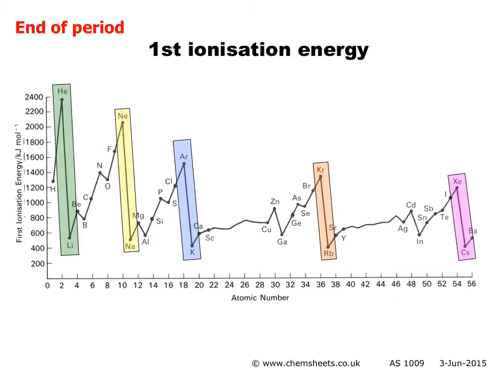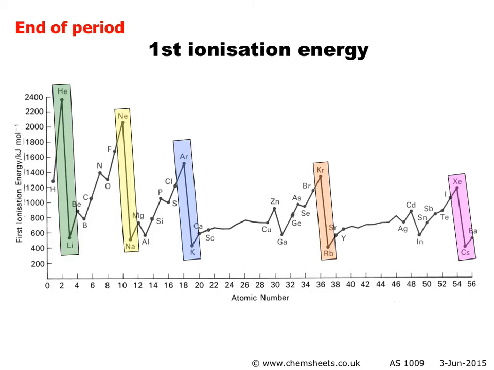So let's think about our factors. Clearly, if we go from helium to lithium, or neon to sodium, or argon to potassium, we are increasing our nuclear charge because we're adding one more proton in each instance. So that clearly isn't winning the battle, so to speak. What we do have is another energy level or another shell. So we are getting an increase in the distance from our nucleus to the outermost electron, and we are getting increased shielding.